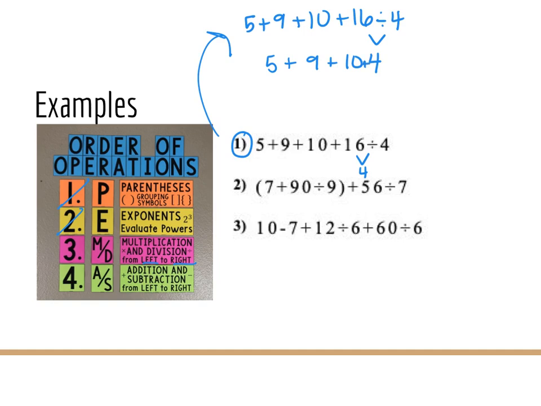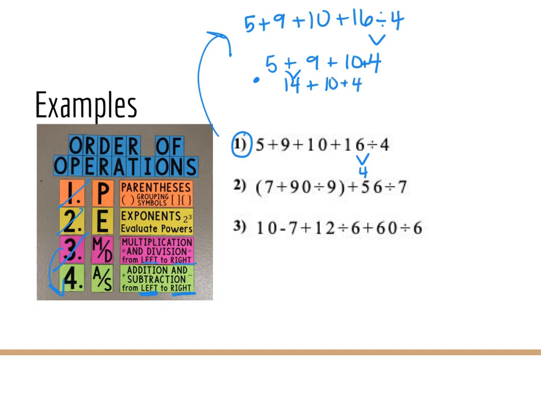All right, I don't have any more multiplication or division, so now I'm moving down to my last step, which is addition and subtraction, starting from the left to the right. So left starts here. 5 plus 9 is equal to 14. Copy down the rest of the equation, plus 10 plus 4.